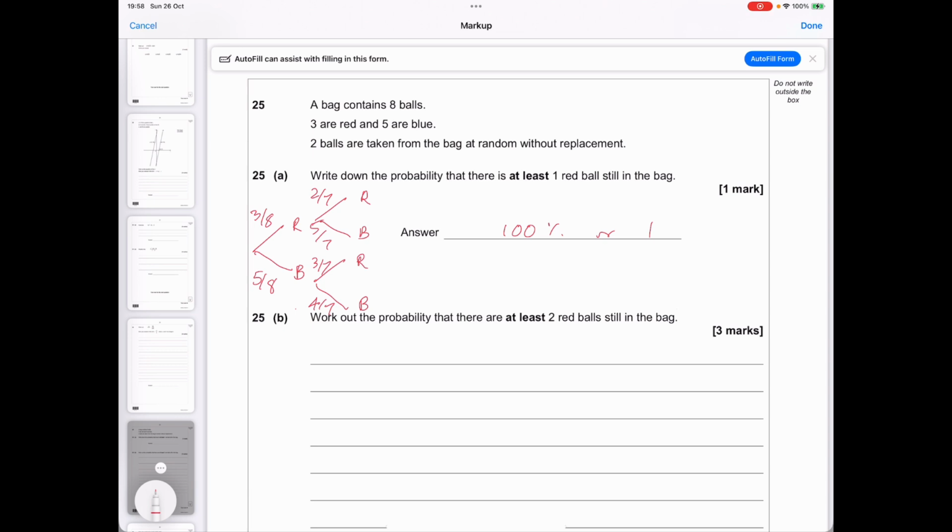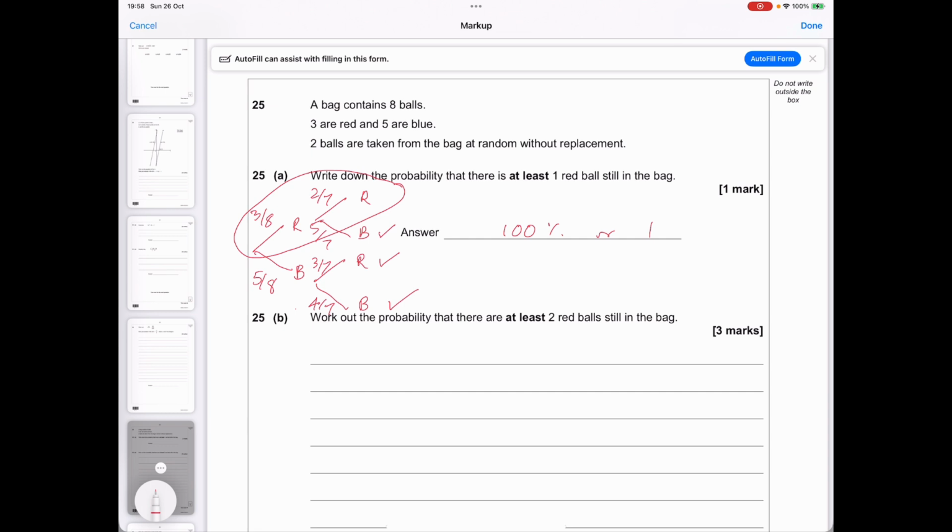So that means, in this case there's still 2, in this case there's still 2, and in this case there's still 2. So there's only one situation, this one, where you would have 1 left.